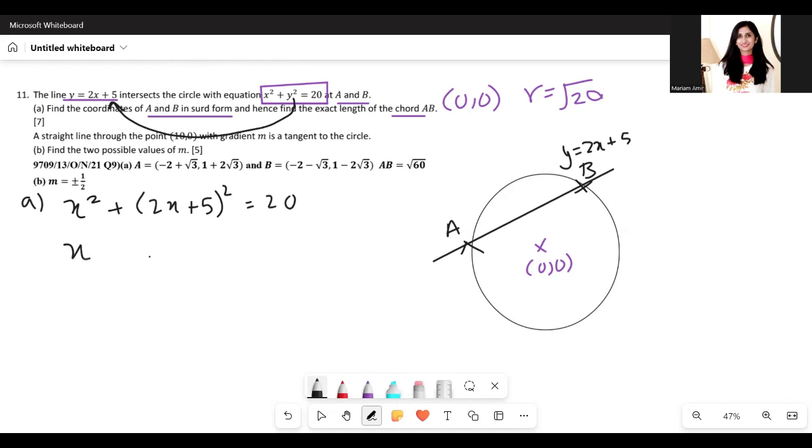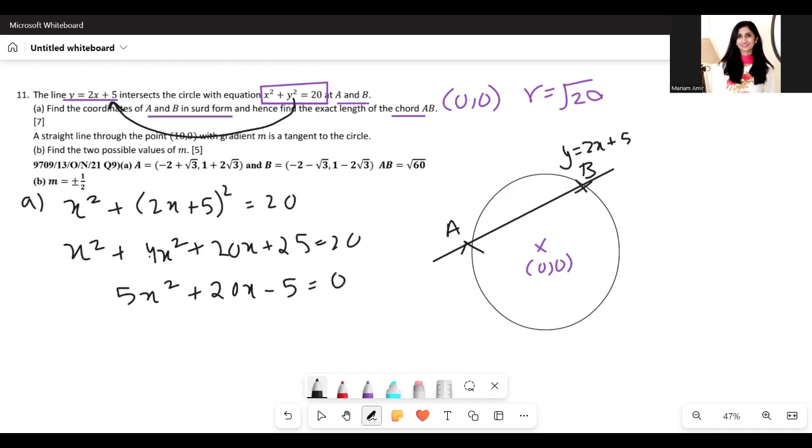Solve this: x squared plus 4x squared plus 20x plus 25 equals 20. We get a quadratic equation 5x squared plus 20x minus 5. Dividing both sides by 5, I get this quadratic equation.